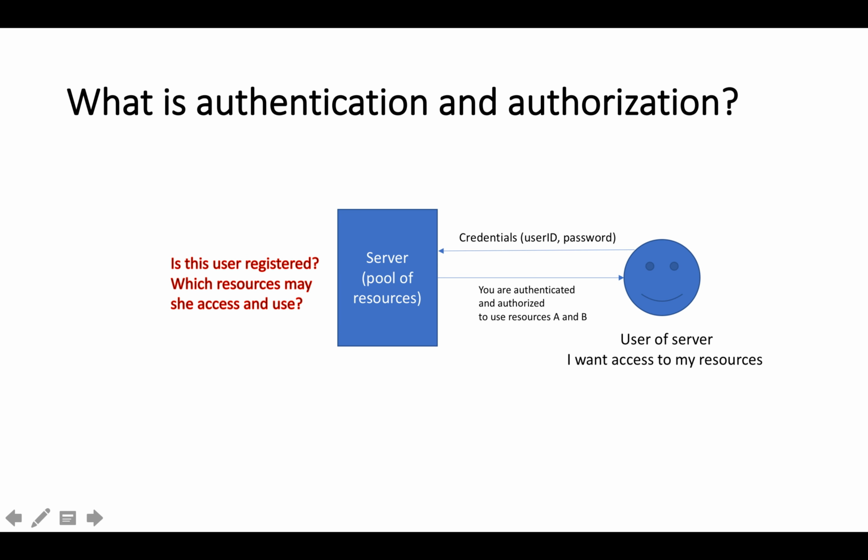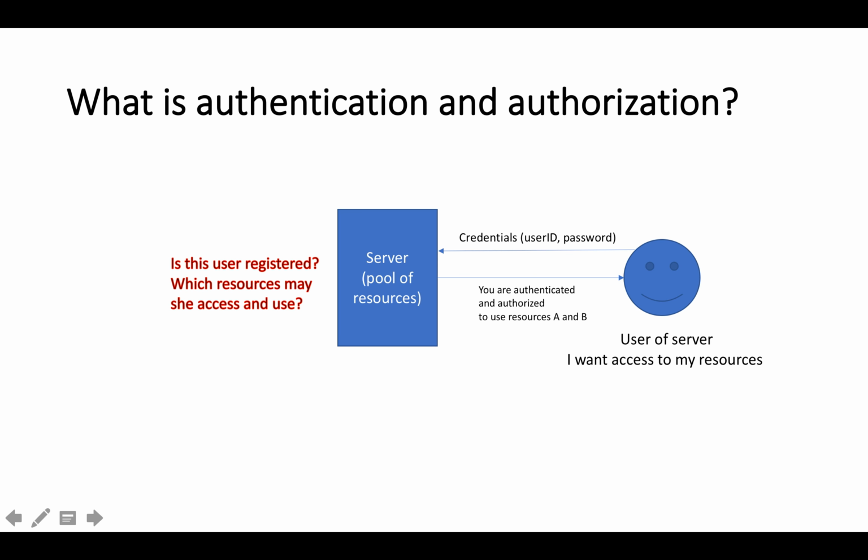Let's say, for example, that this person here wants to consume a resource. So first of all, this person will send a pair of credentials, traditionally a user ID and a password. The server will check in its database if this user is registered. If he is, it will retrieve an authentication token that validates that this person exists on the server.